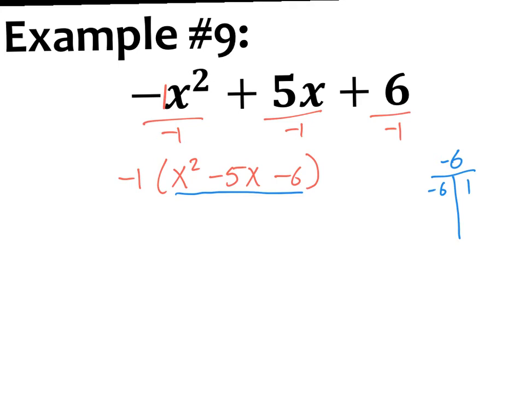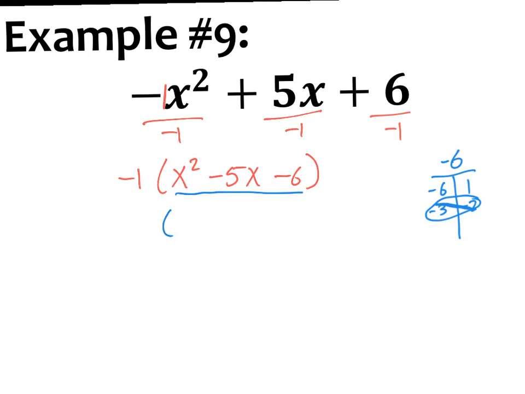Okay, that's it. Now, a lot of people want to make it negative 2 and negative 3 because those also sum to negative 5, but they multiply to be positive 6, okay? So don't be that person that does that. Make sure you get the correct factors, negative 6 and 1, okay?